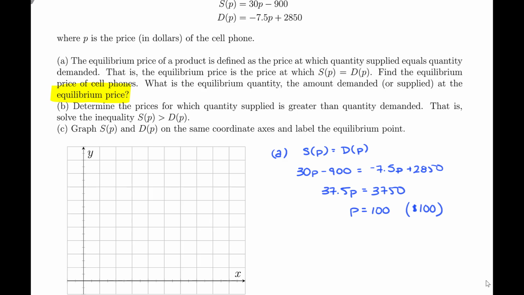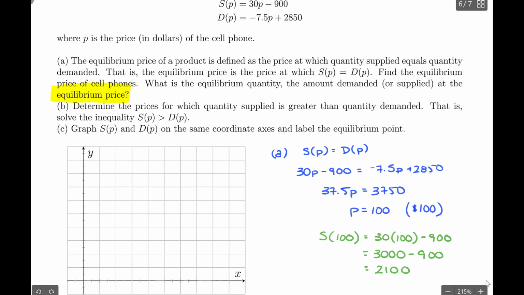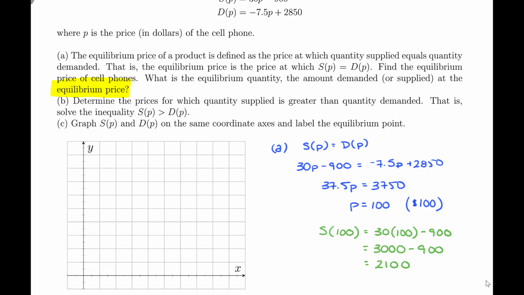So let's just look at S of 100, which would be 30 times 100 minus 900. So we're going to get 3,000 minus 900, and that's going to be 2,100 cell phones will be the demand, and also the supply at $100 where we reach the equilibrium.